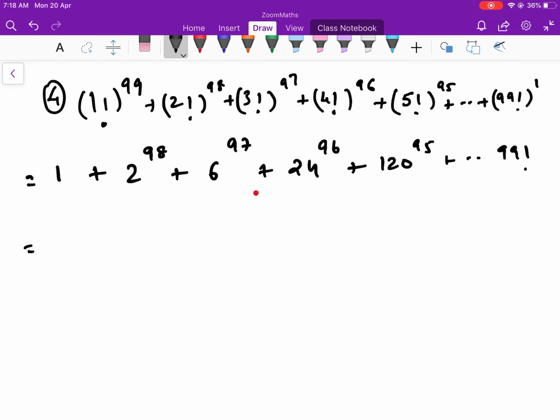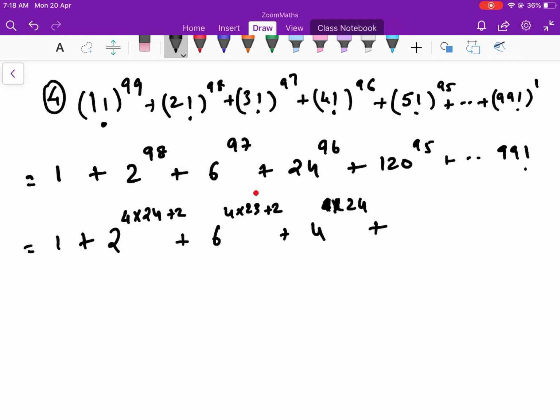Next one: 1 plus 2 raised to 98, 2 into 98, 4 into x, plus 6 into 4 into 23 plus 2 plus 24 is nothing but 4 raised to 96, which is nothing but 4 into 24.